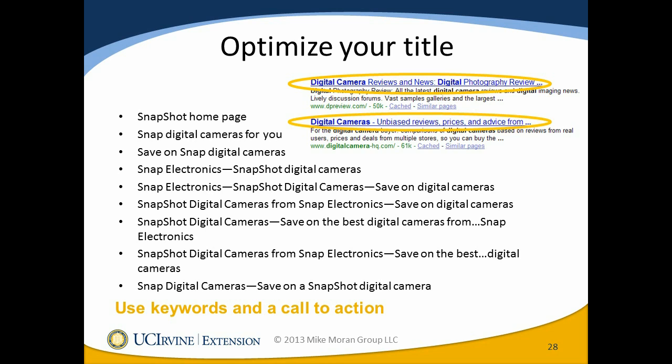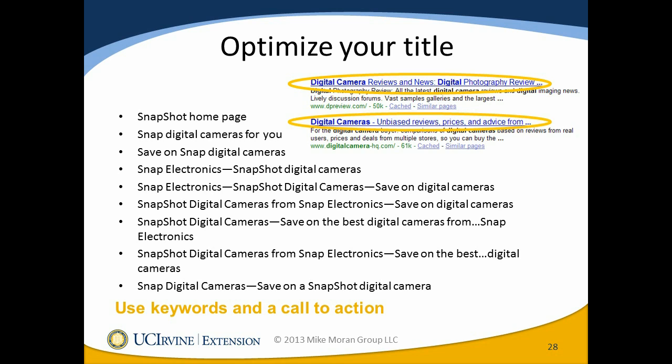So what are you doing when you're trying to make this happen? You're optimizing your title. Your title is the most important part of the entire page when it comes to content optimization. There are two aspects of title optimization. The first one is that you need to optimize your title so that it has the keywords that the search engine's looking for, and possibly some related words as well.